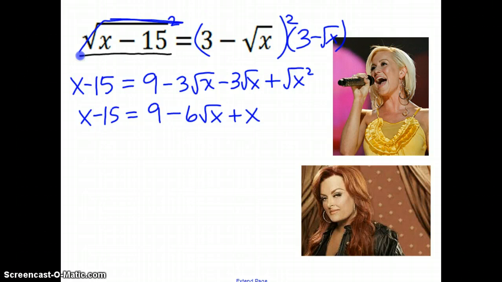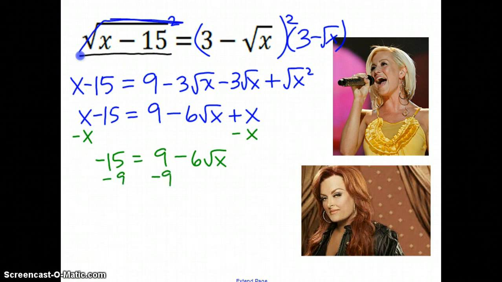And it may actually help to get everything over on one side. If I subtract x from both sides, I get negative 15 equals 9 minus 6 root x. Try to get the x by itself, subtract 9 from both sides. So I get a negative 24 equals negative 6 times root x.